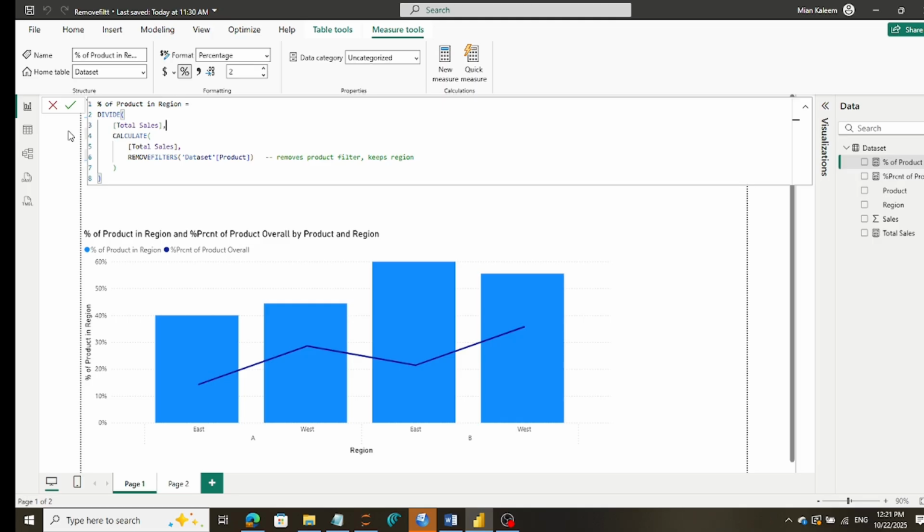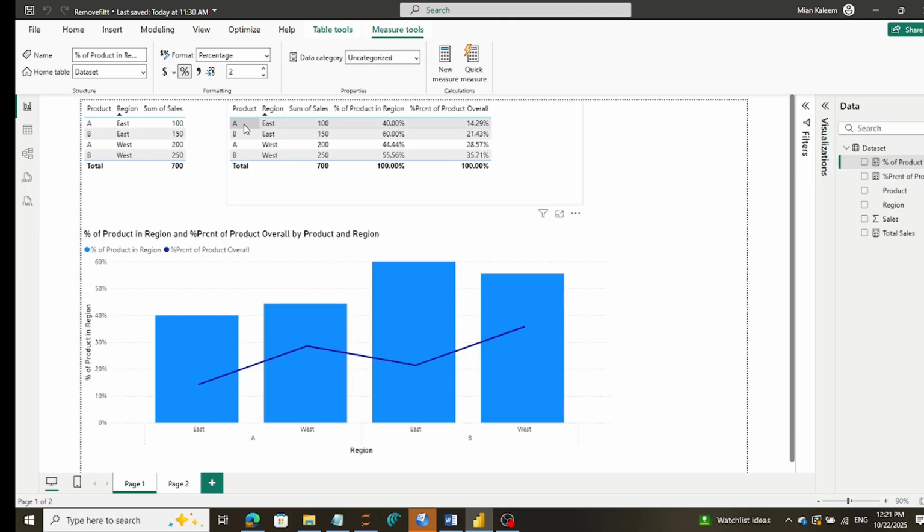Let me show you what I am saying. We have two columns, the product and the region.